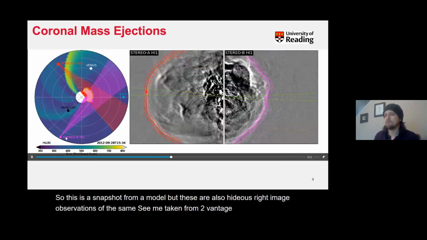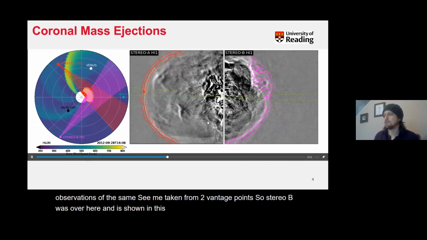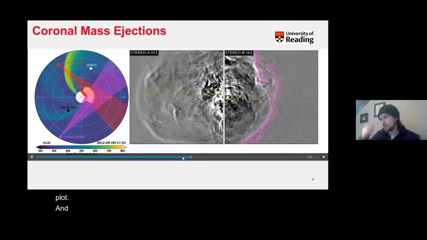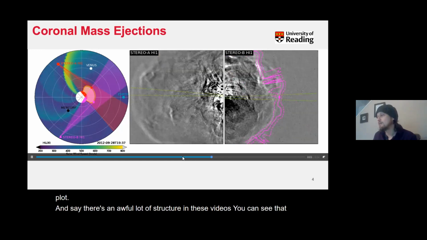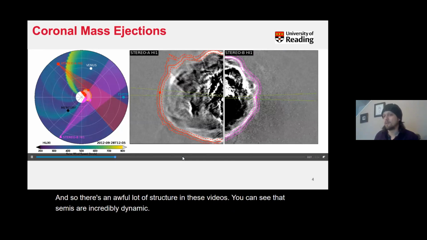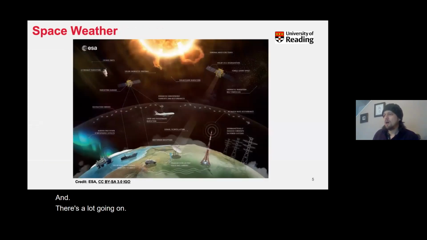STEREO B was over here and is shown in this plot, and STEREO A is here and shown in this plot. There's an awful lot of structure in these videos. You can see that CMEs are incredibly dynamic, and there's a lot going on.